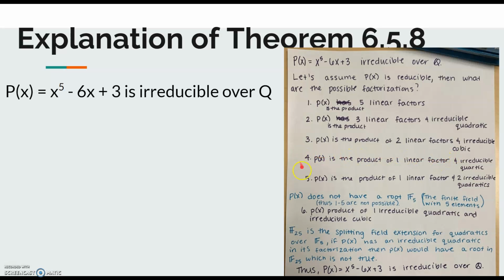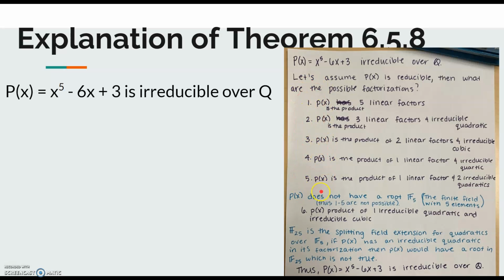Then our two options, 4 and 5, were either that p of x is the product of 1 linear factor and an irreducible quartic, or p of x is the product of 1 linear factor and 2 irreducible quadratics. Well, p of x does not have a root in F5, where F5 is a finite field with 5 elements. So therefore, none of these 5 scenarios are possible.